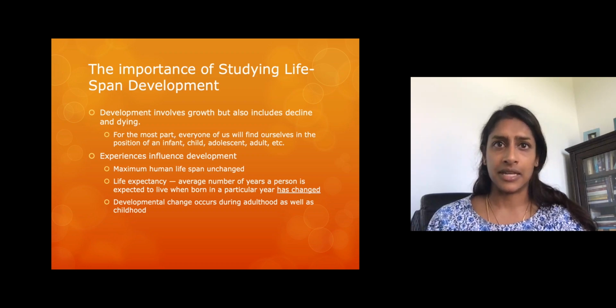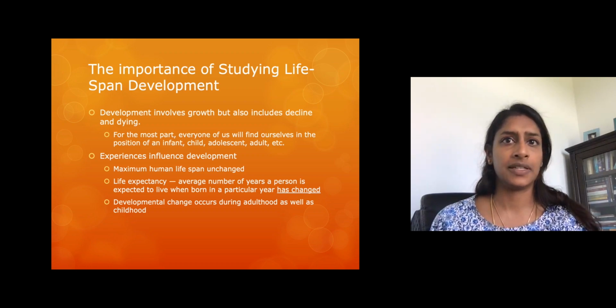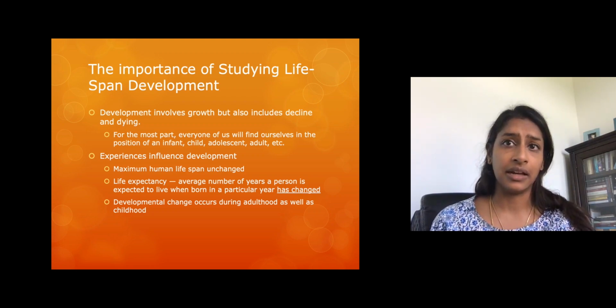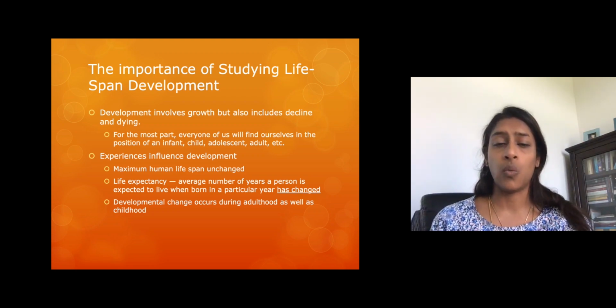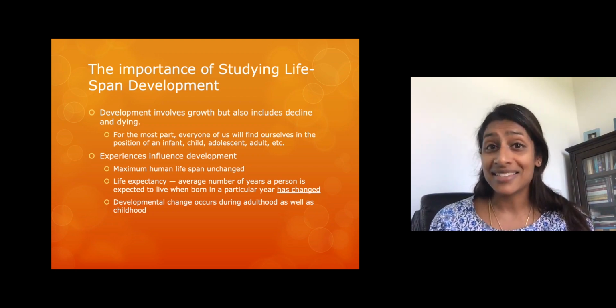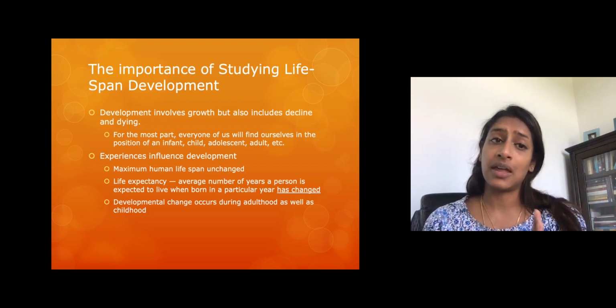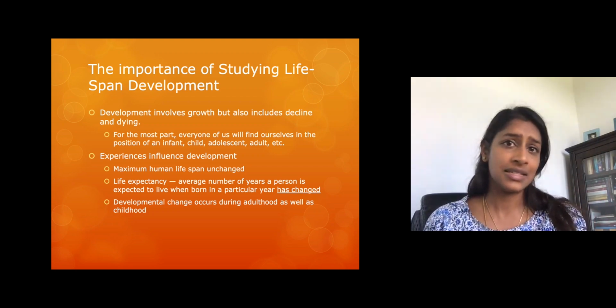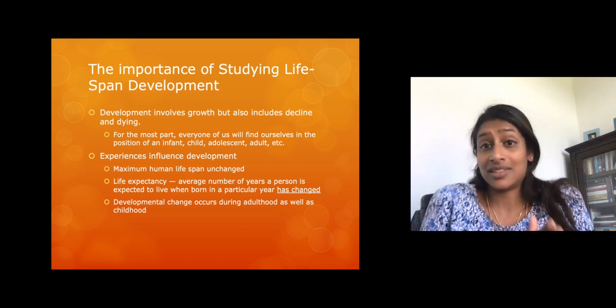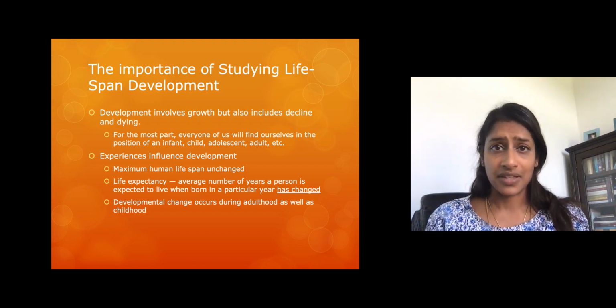But what we have seen is a change in life expectancy. And this is the average number of years a person is expected to live based on when they were born. This has changed. Maximum human lifespan has not actually changed since the time human beings have existed.